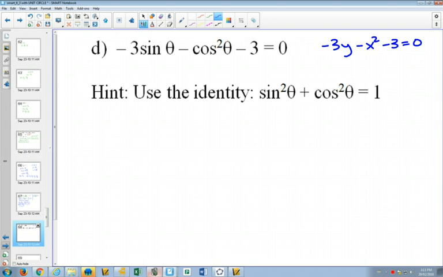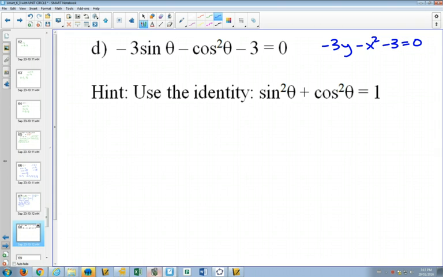But since it's sine and cos, we can use one of our big ideas. Because when you have two things that you don't know, if you think back to the units that you did on systems of equations, if you have two equations with two unknowns, then you can solve, either using your substitution technique or elimination technique.